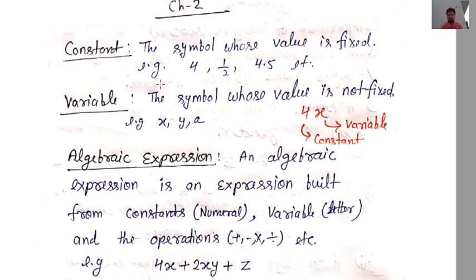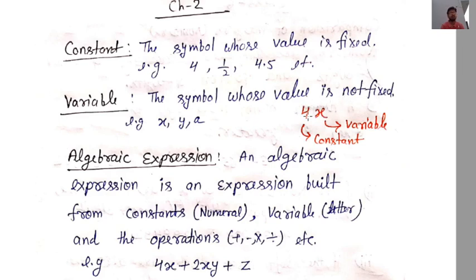Now, what is an algebraic expression? You see here I have written 4x. In this, x is called a variable, because if I say x equals 1, then you say 4 into 1 equals 4. If I say x equals 2, then you say 4 into 2 equals 8.